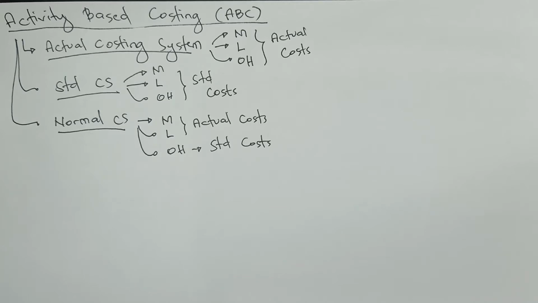Sir, bakit naman hindi agad-agad malalaman yung actual cost? Because apparently, yung bill ng kuryente kailan dumarating? The following month. So, yung bill ng kuryente for the month of December, darating lang yon sa January. Ibig sabihin, you still have to wait, right? Few weeks or minsan few months before mo malaman kung magkano ba yung actual cost ng overhead.